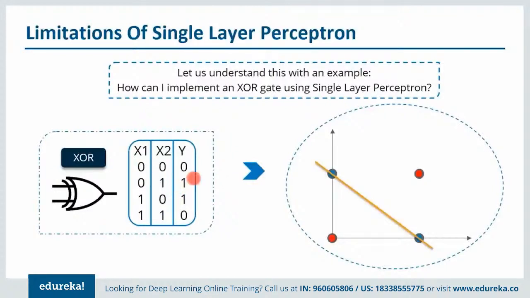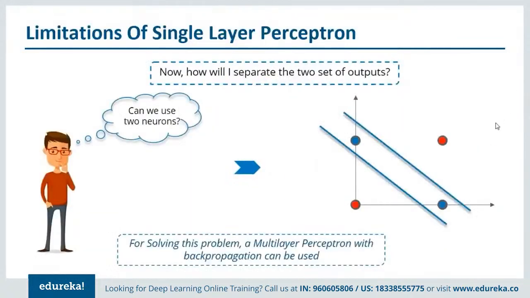If both the inputs are low, the output is low. And if both the inputs are high, the output is low. So how can you classify the high and the low outputs with a single line? Definitely you can't. If you see the points, one point is here, one is here, here, and here, in which these 2 points are high outputs and these two are low. So how can you classify with a single line?